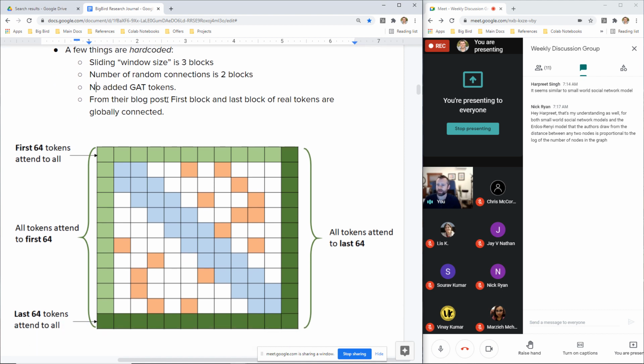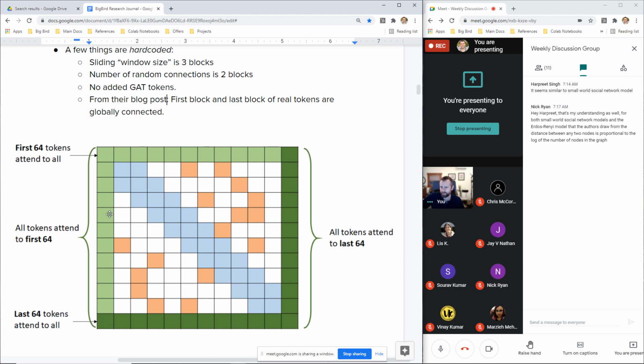Right, their blog post explained this, and I was really curious about it. If you're doing ITC and you're picking some existing tokens to make globally connected, which tokens do you pick? They explained in their blog post that they pick the first 64 tokens, which attend to all of the others, and then the last 64 tokens are also made global and attend to all.